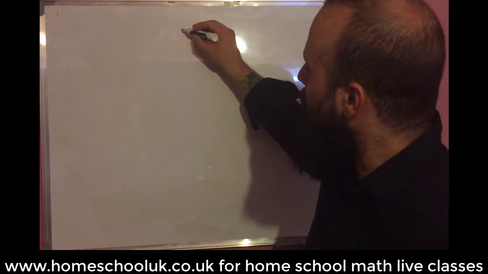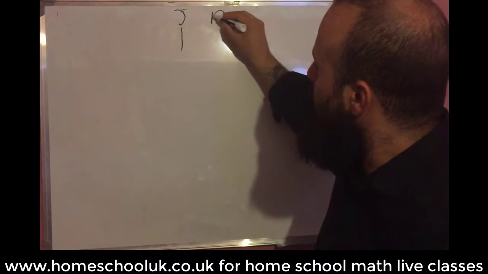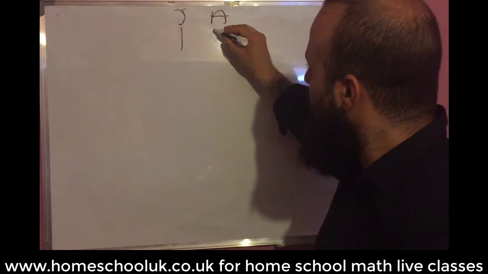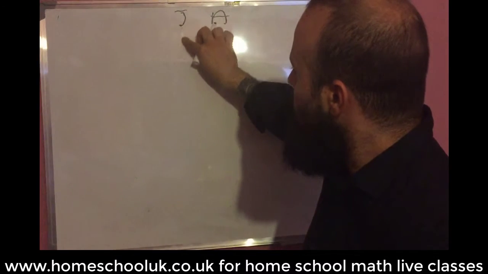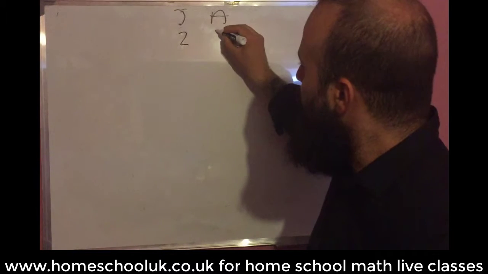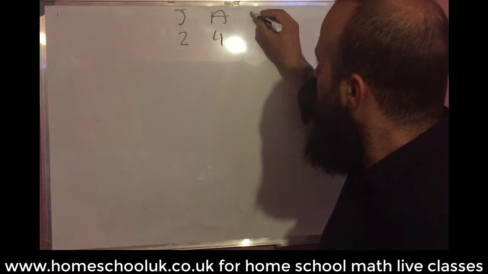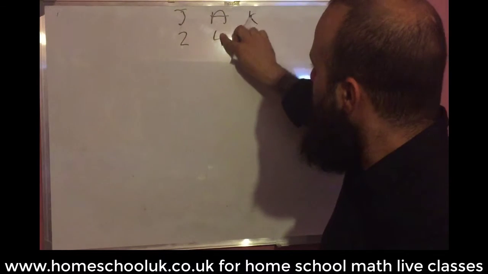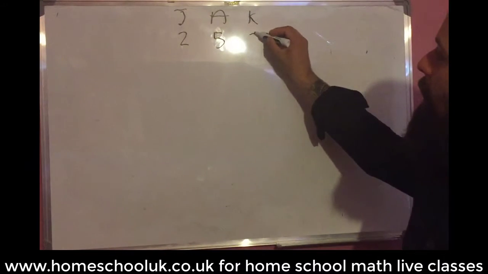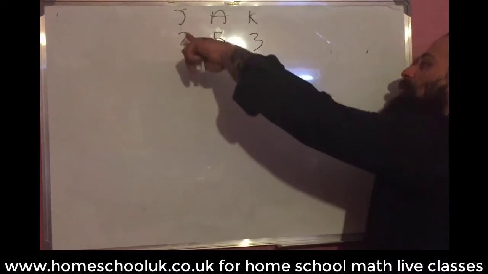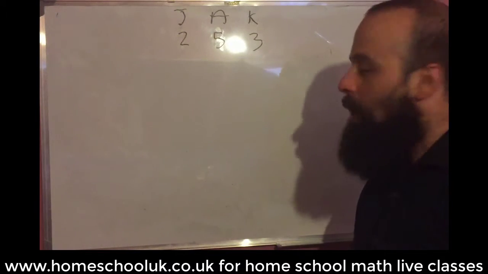Okay, so we'll take Jake, Anna, and let's do this. 2, 4, and then we'll change that actually to a 5, better, and we get 3. So now we've got 3 people, Jake, Anna, and Carl, for example.